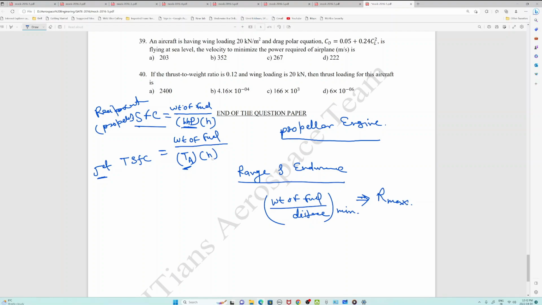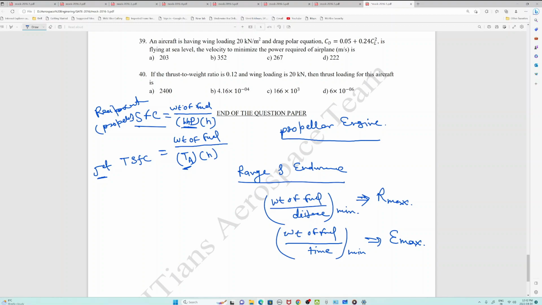So to maximize the range, we have to consume very little fuel per unit distance, meaning minimum. In the same way, for endurance, which is related to time, the weight of fuel consumed per unit time must be minimum if you want to maximize the endurance. Is it clear, guys or not?